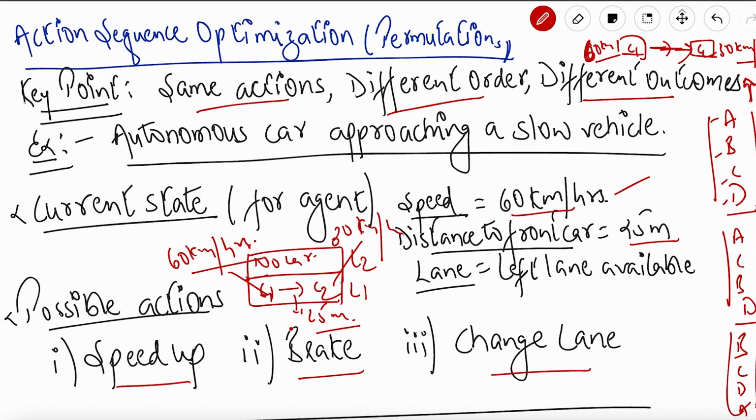Otherwise, if 25 meters is a decent amount of distance, we don't have to brake, we can ideally change the lane. If there is a requirement of brake, apply the brake, slow ourselves down, maybe from 62 to 40, change lane and then speed up. That's ideally what we are going to do. So let's see how the agent will take actions here.